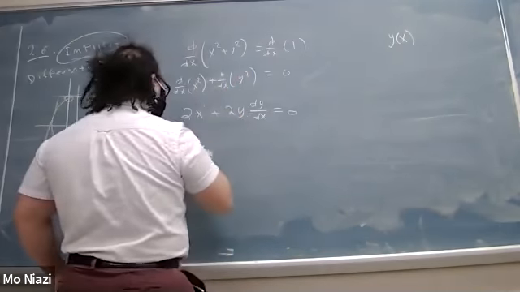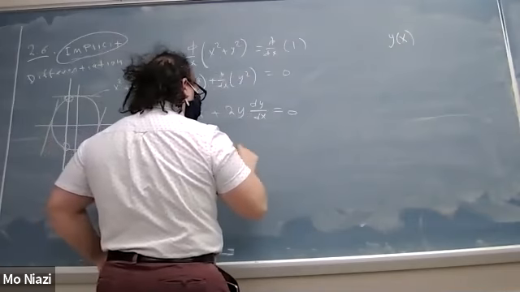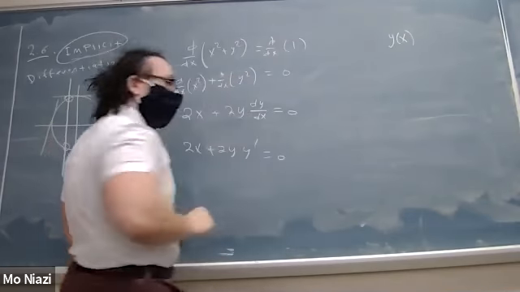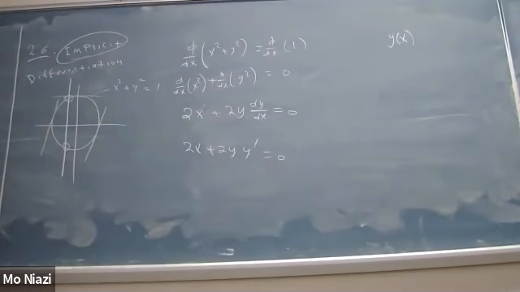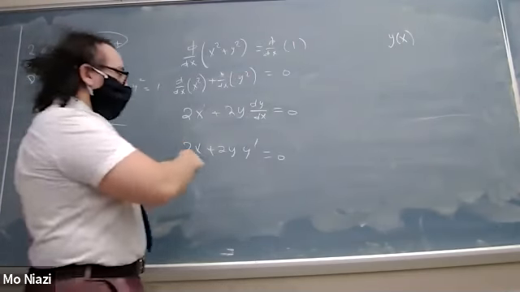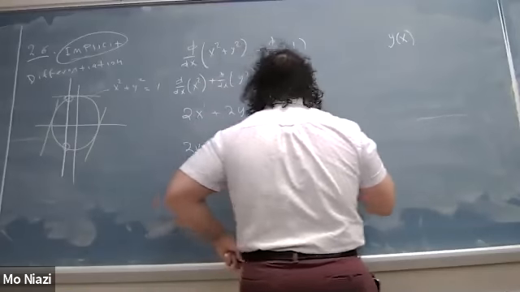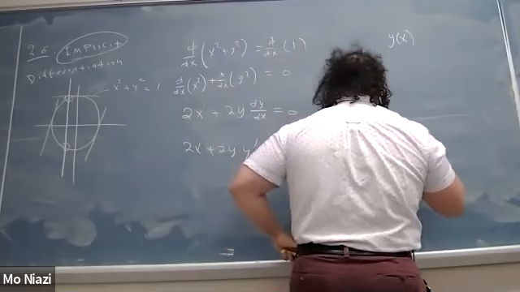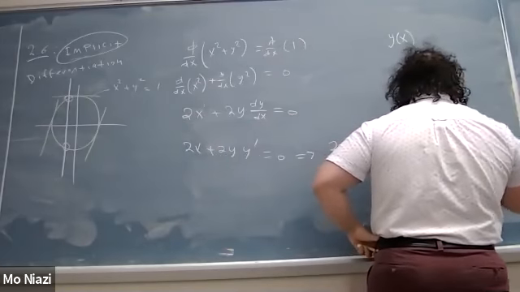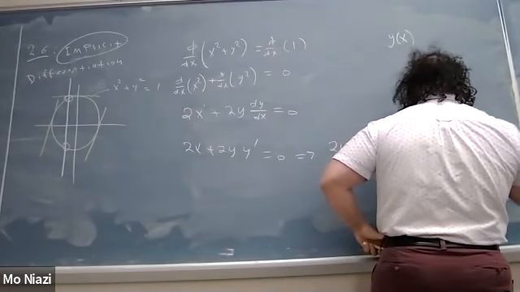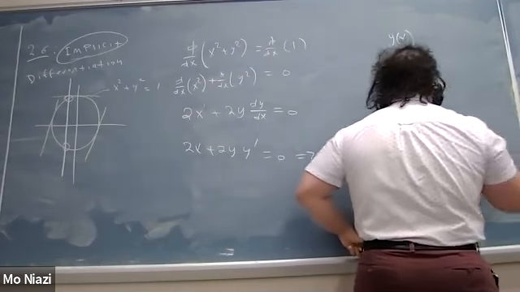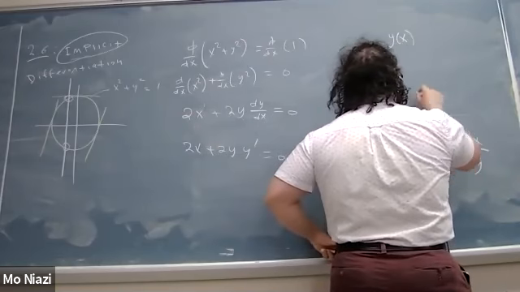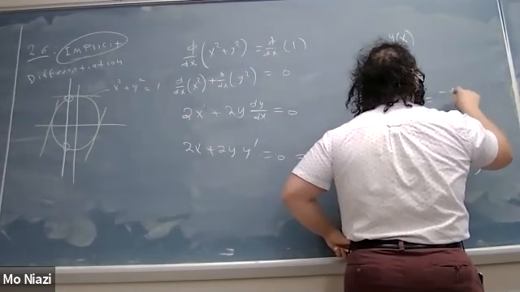And we can denote shorthand dy/dx with a y prime. Okay. And then we'll solve for y prime. So we get 2y y prime is equal to negative 2x. Divide both sides, I get y prime is equal to negative 2x over 2y. Cancel out the 2's. This implies y prime is equal to negative x over y.